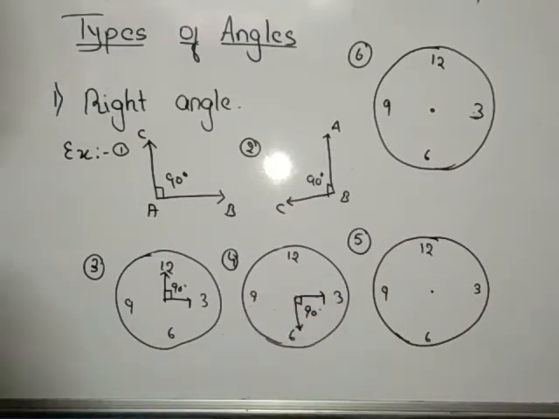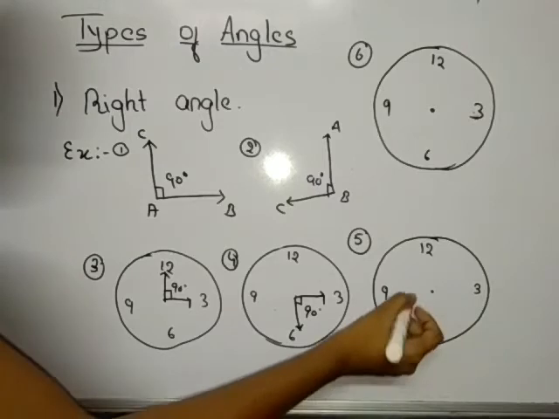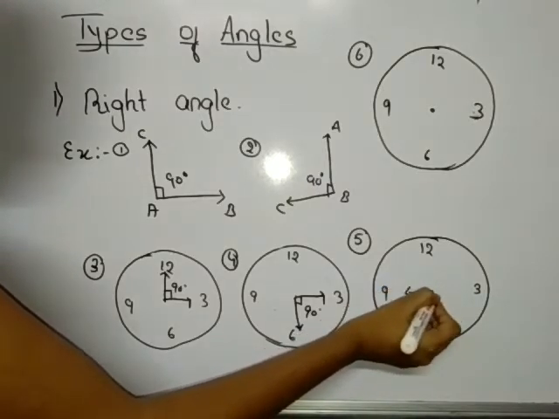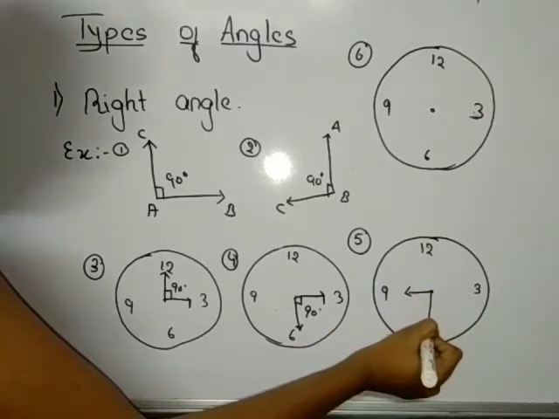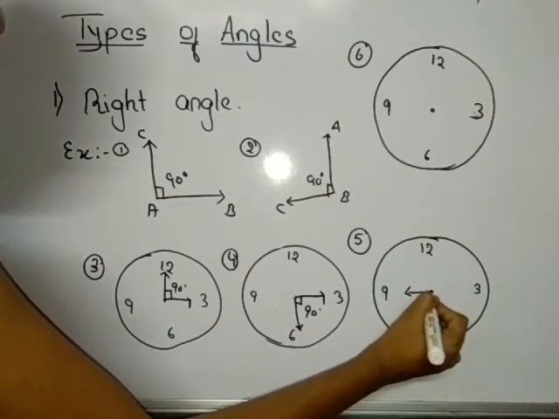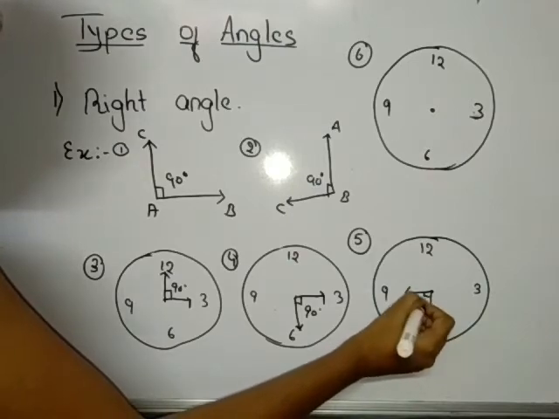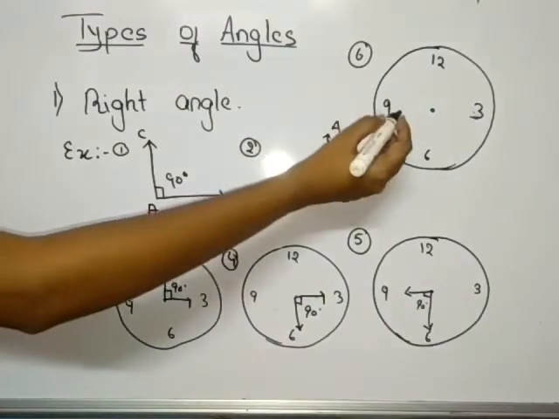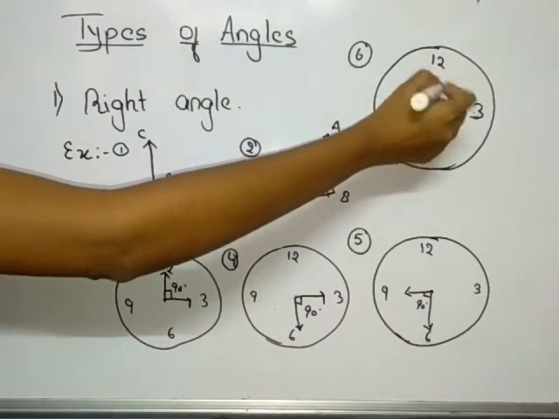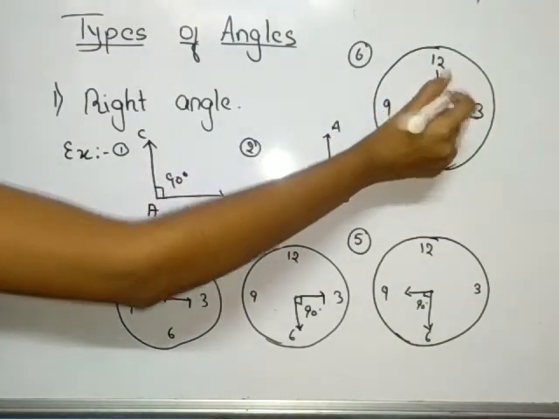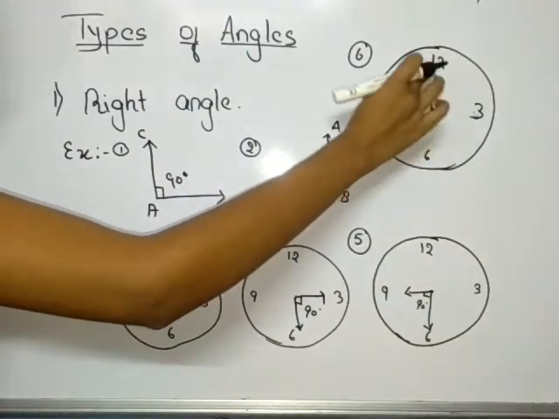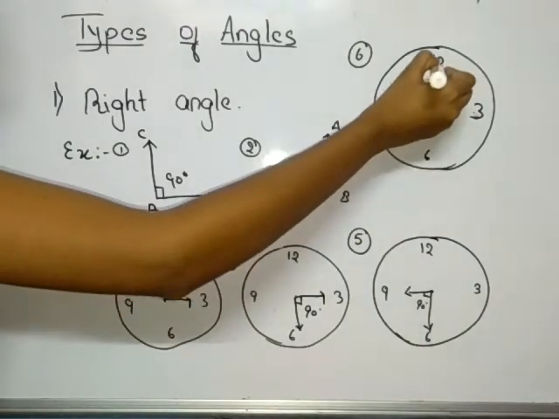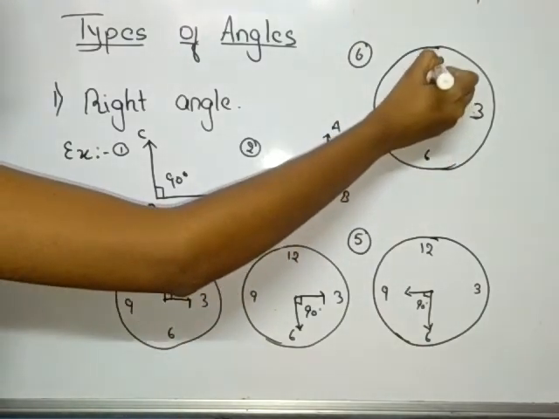The fifth example we'll see here. This is the hour hand and this is the minute hand. You can observe that again the angle between these two is 90 degrees. Now the last example. The hour hand is facing 9 and the minute hand is facing 12.